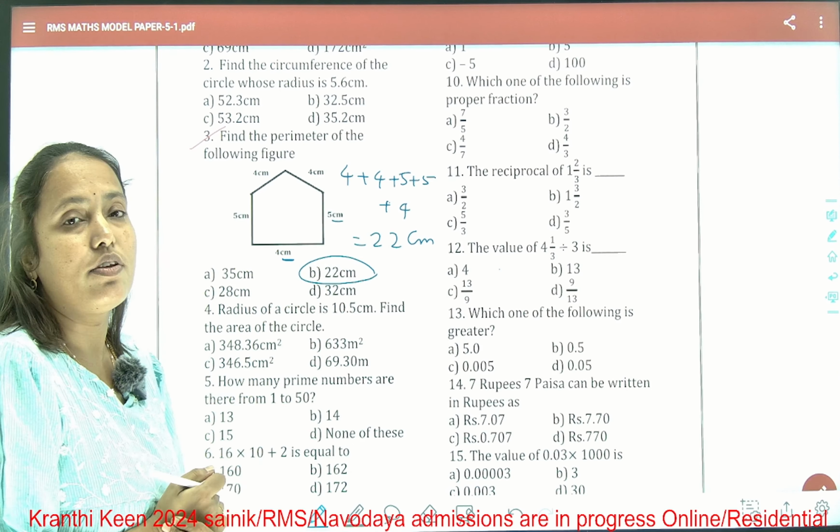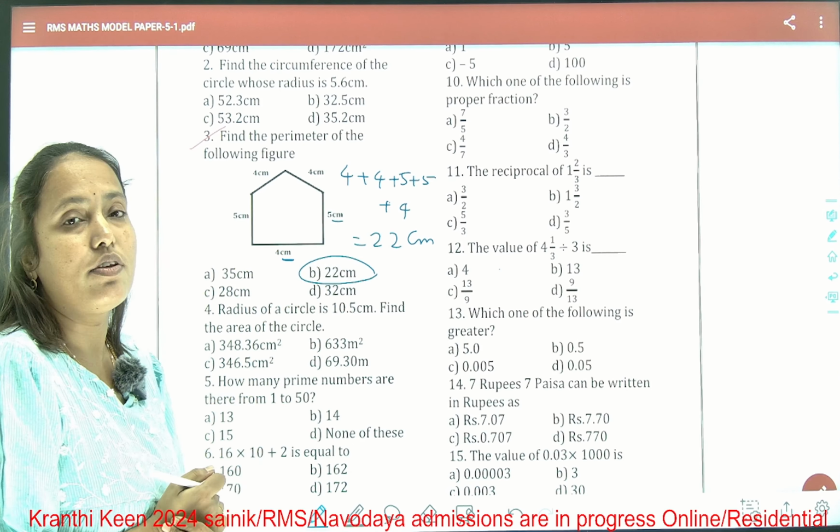And next, in fractions, compulsorily they are giving one basic question. That is, we need to find what type of fraction. We have types of fractions: proper fraction, improper fraction, like fractions and unlike fractions, unit fraction.